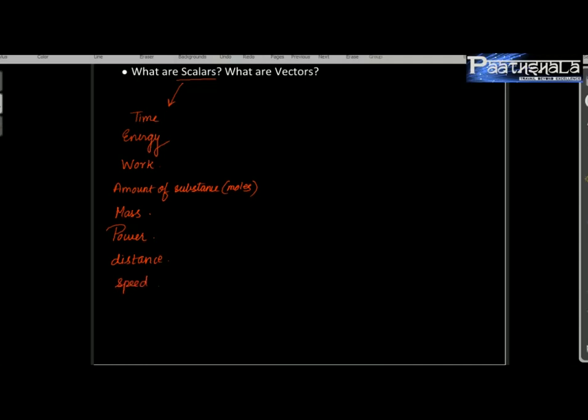All these quantities require only the magnitude and the units to be specified for us to know what we are talking about or what the person in front of us is trying to communicate.